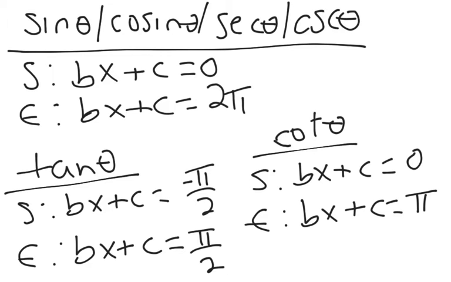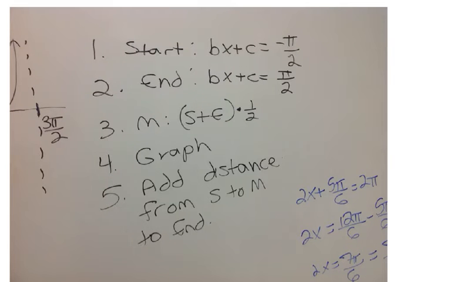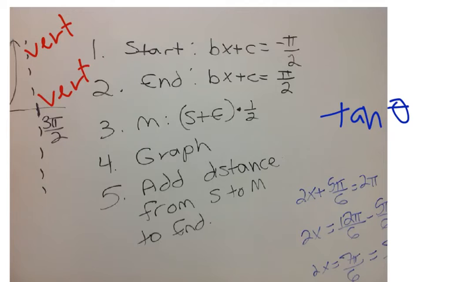Okay, I would also go ahead and write down the steps for tangent, and this is for tangent. And I would make sure that I write, oh look, steps 1 and 2 are my vertical asymptotes, and step 3 is always going to be my root.